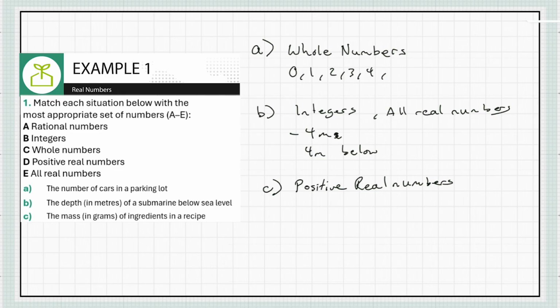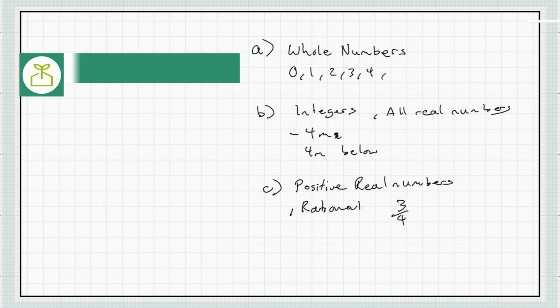But it could also be a situation where if you were thinking about it, you might say rational. And the reason you might say rational is because you might be thinking in terms of common measurements that we use in the kitchen, like 3/4 or half a cup or anything like that. And that is ultimately being a number that can be expressed as the ratio or fraction of 2 integers. So that's possible.